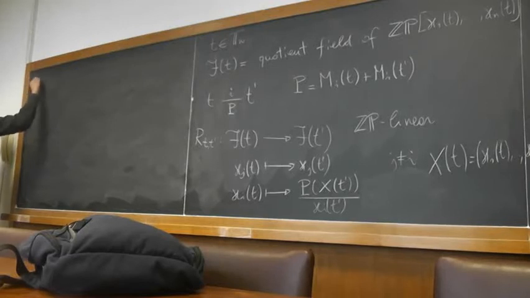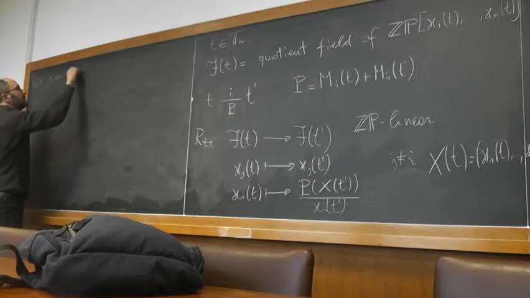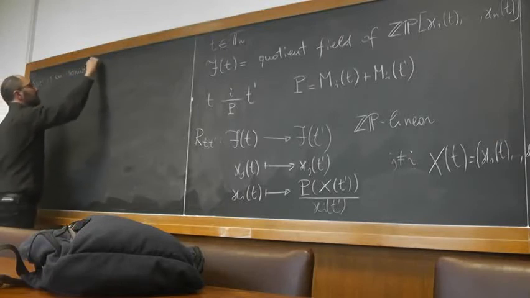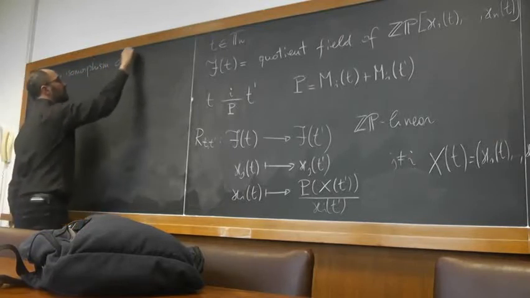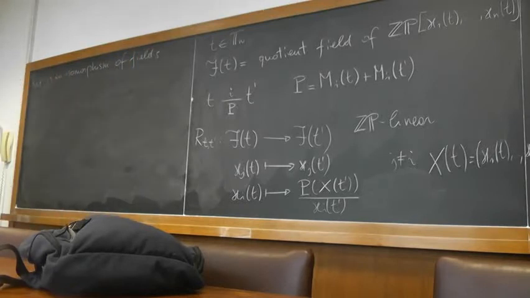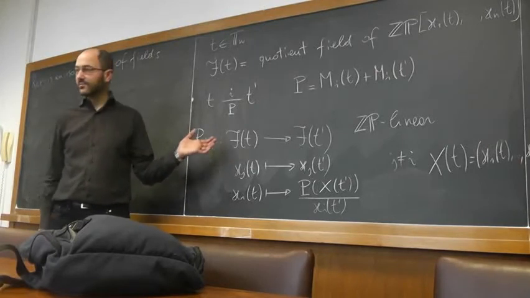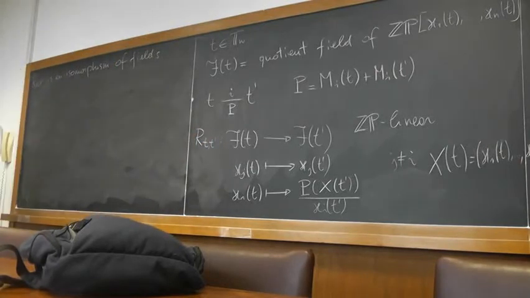Ft to Ft prime is an isomorphism. And this is clear: a morphism of fields is necessarily an isomorphism.